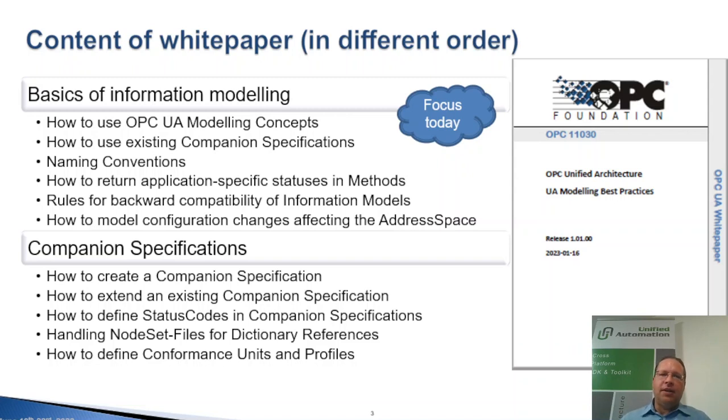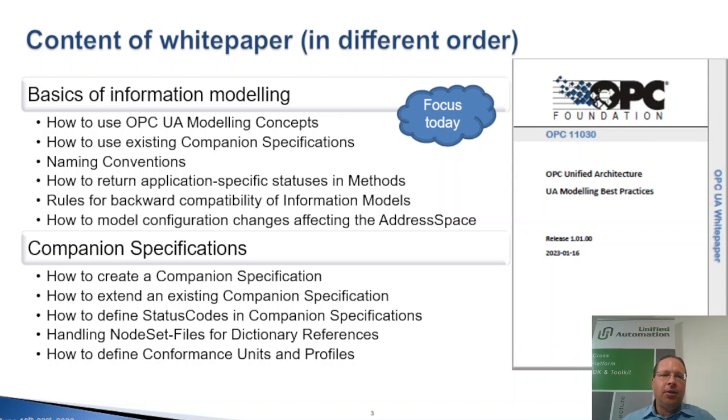That includes how to use OPC UA modeling concepts at all, how to use existing companion specifications, naming conventions, rules for backward compatibility of information models, and then two things I will actually not capture today, which are in the white paper: how to return application-specific status codes and how to model configuration changes affecting the address space.